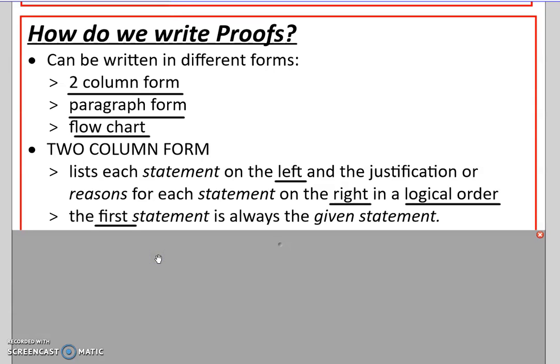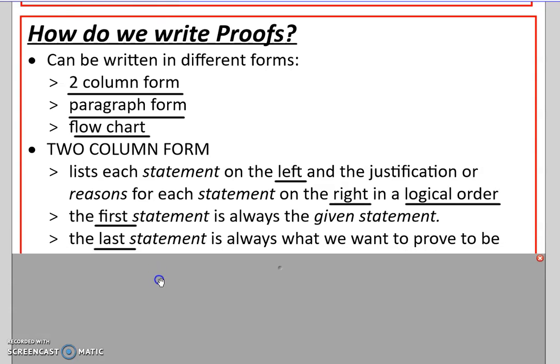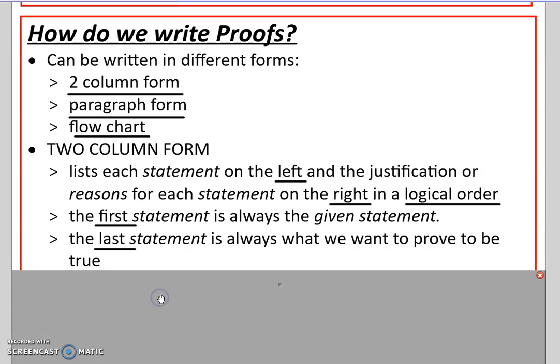In these proofs, we're always given something is true, and that's always our first statement. Our last statement is always what we want to prove to be true, okay? The last statement is what we have been working so hard to try to prove. That's what our last statement in the proof is. And that'll make more sense when we do our first one.